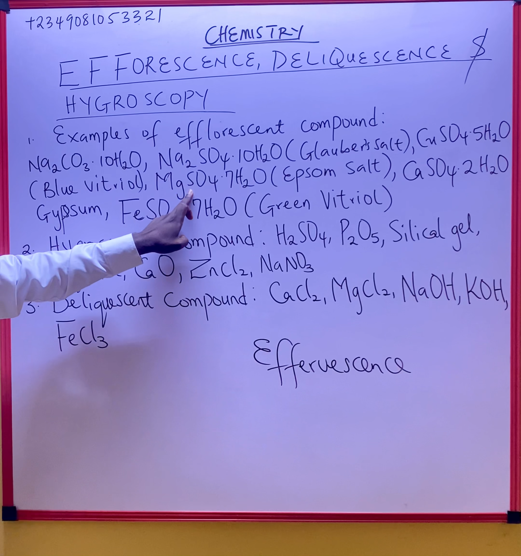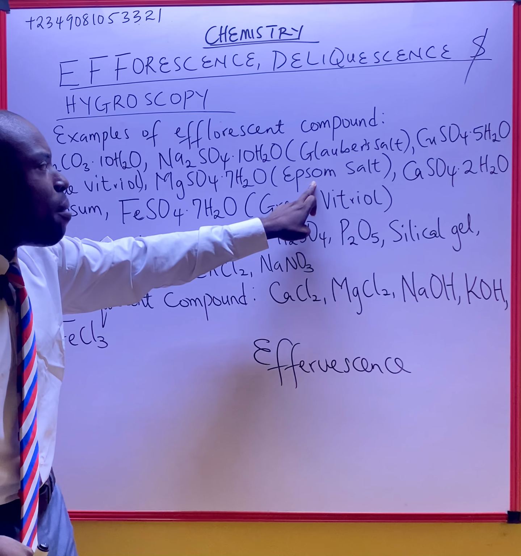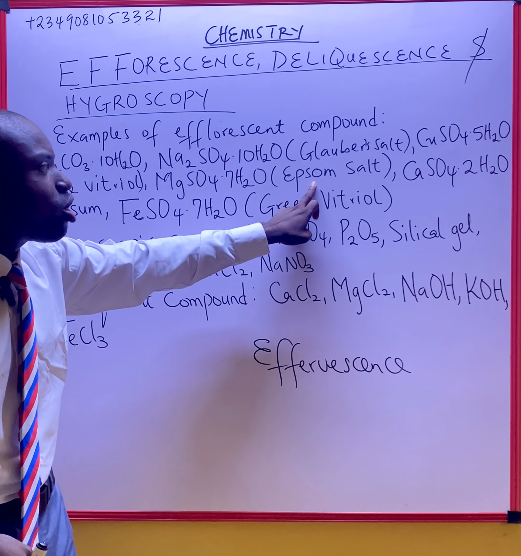We have magnesium sulfate heptahydrate, also called Epsom salt. We have calcium sulfate dihydrate, also known as gypsum. We also have iron(II) sulfate heptahydrate, also called green vitriol.